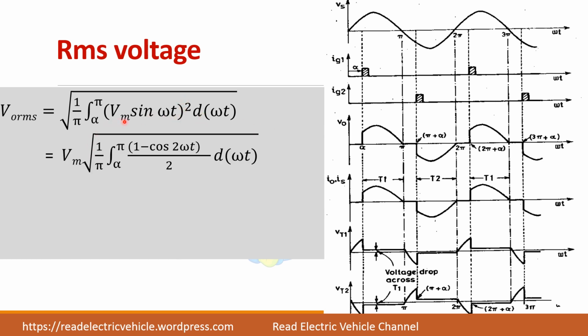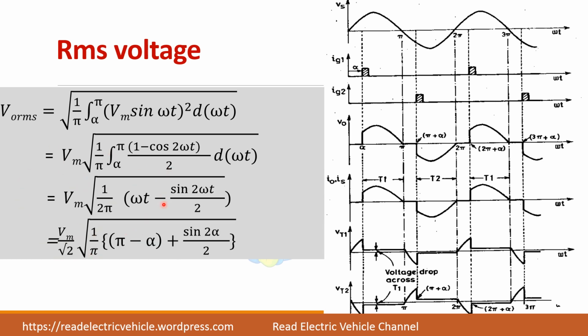So you solve this one. Since it is a square, you replace sin square omega t by 1 minus cos 2 omega t by 2. Simplify this one, apply the limits, and you will get this as the RMS voltage.